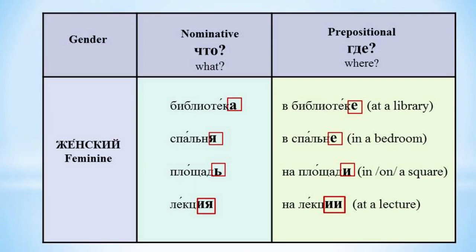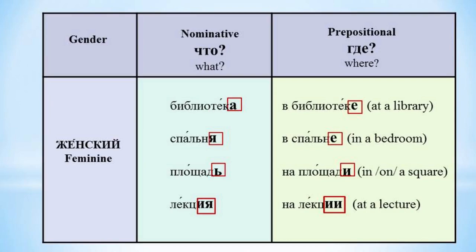Let's take a look at the example. Библиотека, в библиотеке. The same system works with nouns that end with я. So we remove the letter я and place the letter е instead of the letter я.